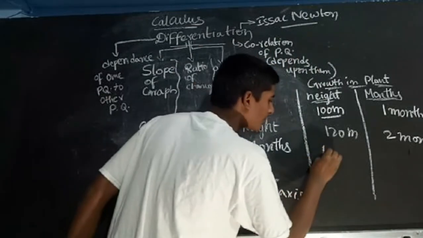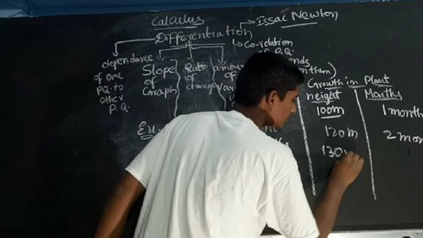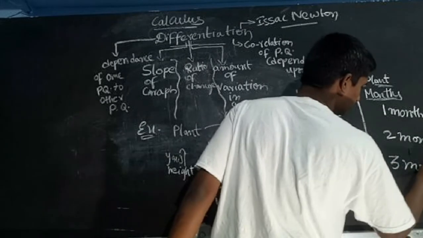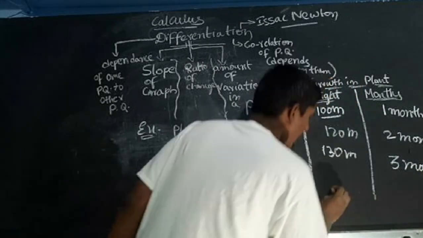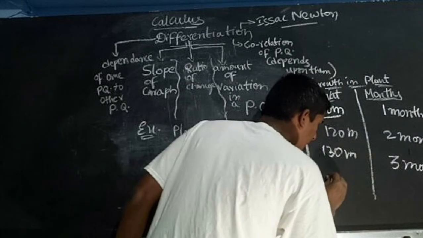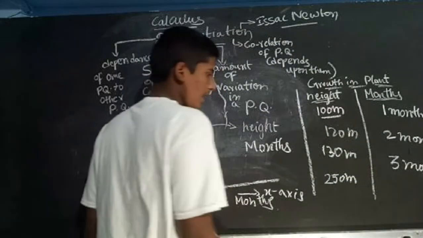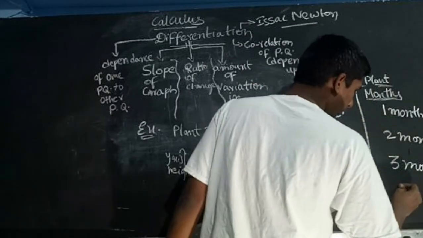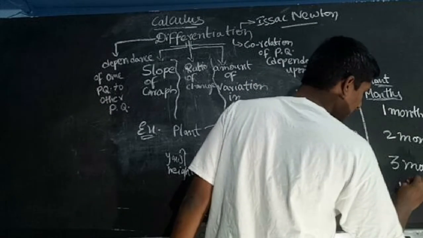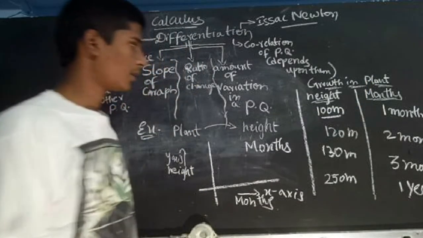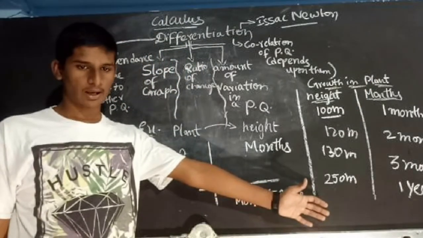Here I will take 130 meters and this is 3 months. And here I will take 250 meters and this I will keep as 1 year. Okay, this is the table form I have written.